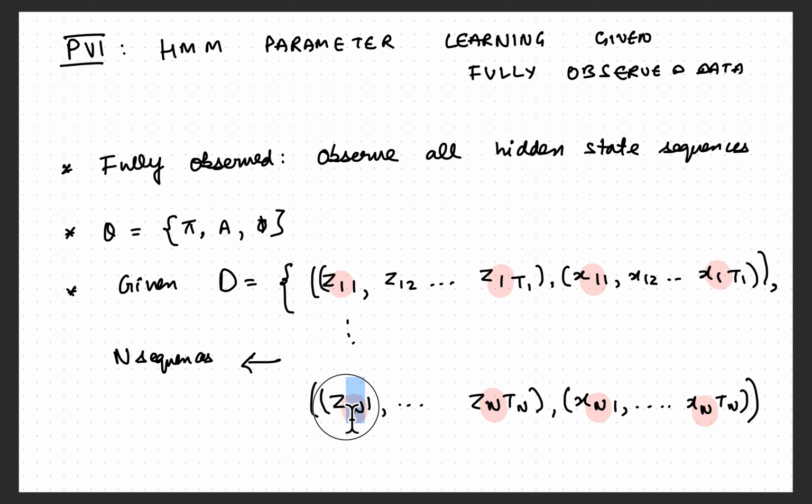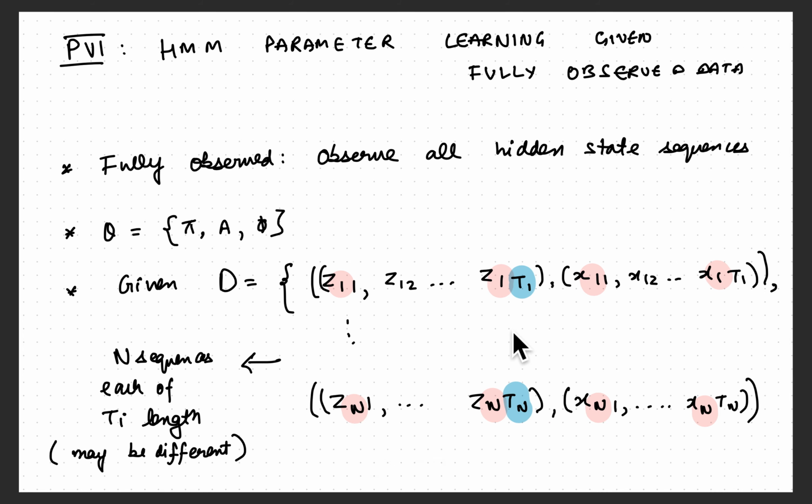We have n such sequences, and these different sequences could all be of different lengths. This is another interesting property that HMM-like algorithms allow us to handle, which is very common in data. For example, if you're recording the audio of someone speaking, you may not get audio of equal length.